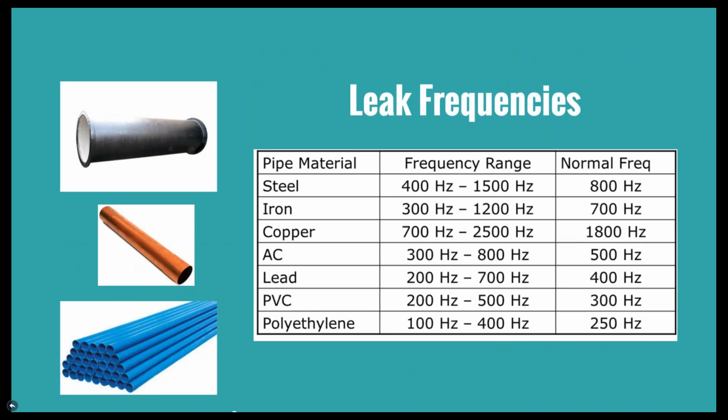Next one, Noah. So your leak frequencies, again, are something to keep in mind, and when you're using correlators, you see this information when you're collecting the data. One thing we do see when we're doing some of these surveys is that metallic pipes that have PVC repair fittings or repair sections from previous failures can impact your frequency when you're collecting your data.